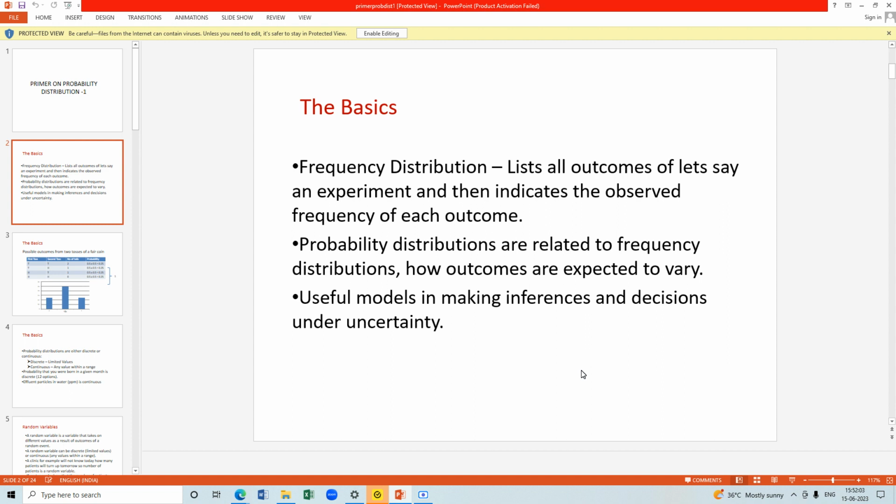Following from this frequency distribution is what we call a probability distribution, which is related to frequency distribution in that it tells you how outcomes are expected to vary. So it's extremely useful when you want to make decisions in an uncertain environment, which we will see as we go through this walkthrough.